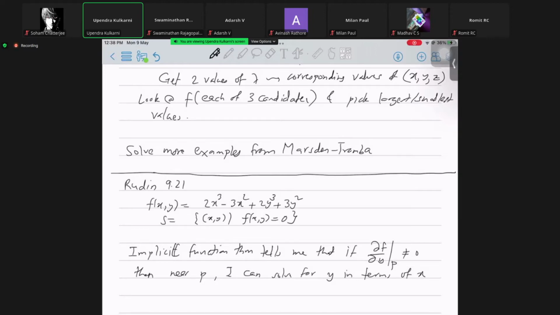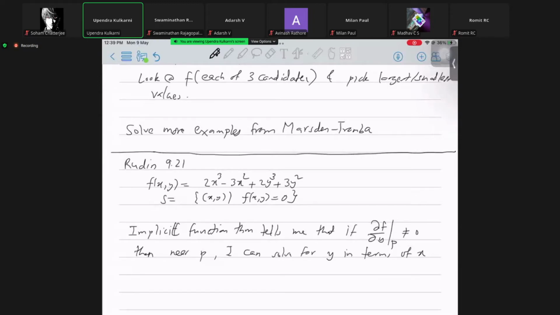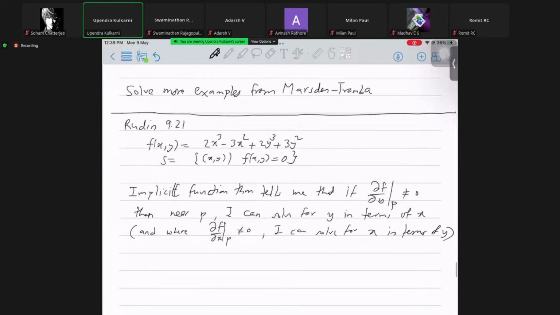Okay, so let's see this. This is again just a matter of calculation. x in terms of y, locally.